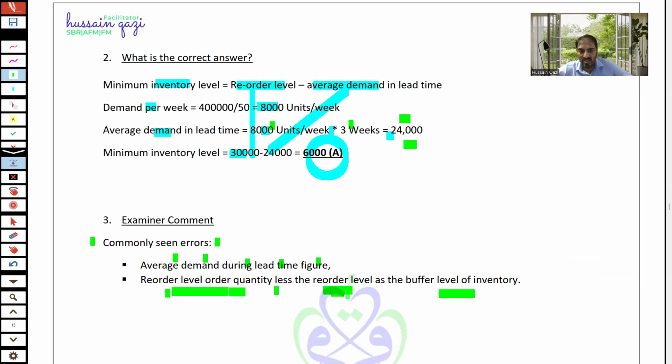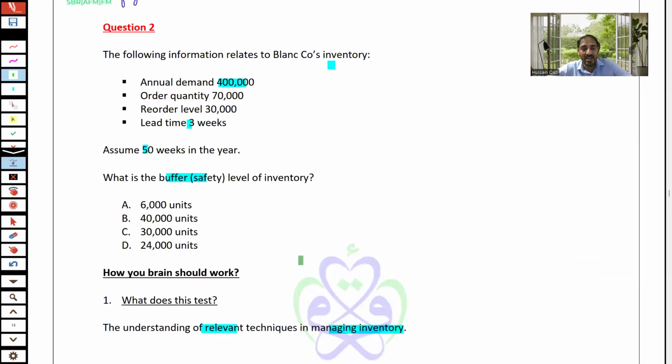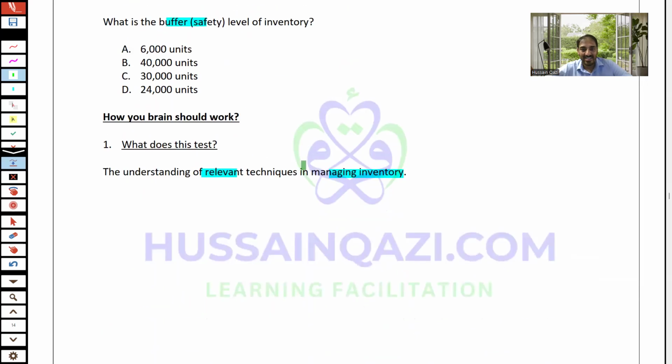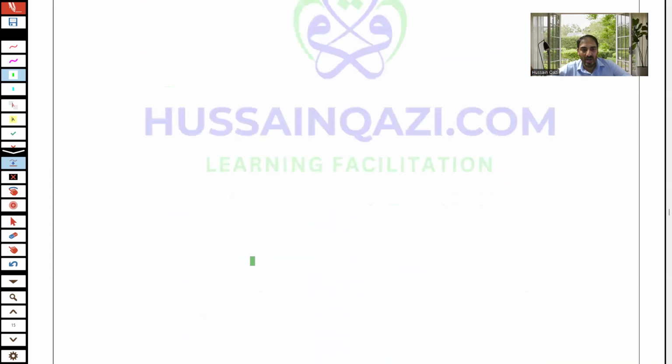This is the wrong formula students used. The solution is reorder level minus reorder quantity. Some students did 30,000 minus 70,000. That's totally wrong. So this is the examiner comment that some students have done this. Now come on, next one.